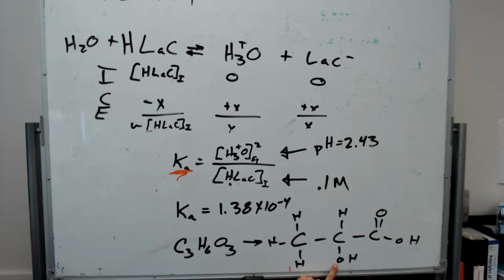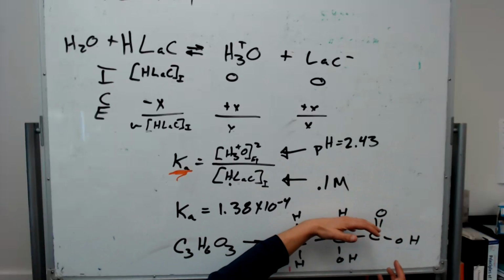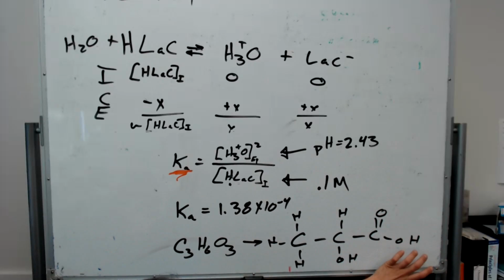For that reason, does it make sense that we've got something that's a bit stronger than acetic acid? Yeah, we've got that extra electronegativity. We're going to have a little bit more of the electron cloud pulled away from this hydrogen, which is going to be the acidic proton. This hydrogen is probably never going to break off. Maybe in really extreme cases, but probably not in water. So yeah, it's a reasonable value. Cool.